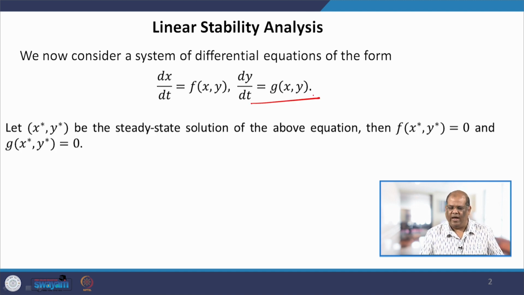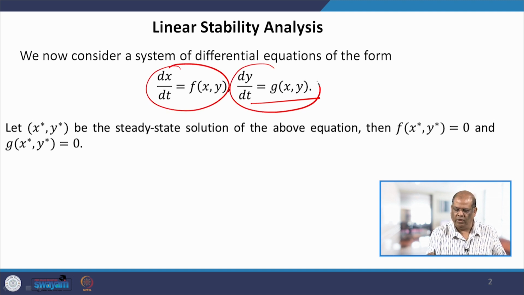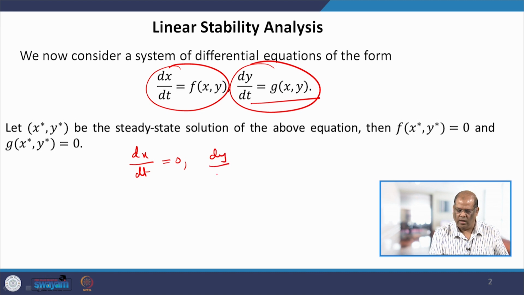g(x,y). So, if (x*, y*) is the steady state solution, obviously it is going to satisfy these equations. To find the steady state solution, we have to put dx/dt equal to 0 and dy/dt equal to 0, which will imply f(x,y) equal to 0 and g(x,y) equal to 0.